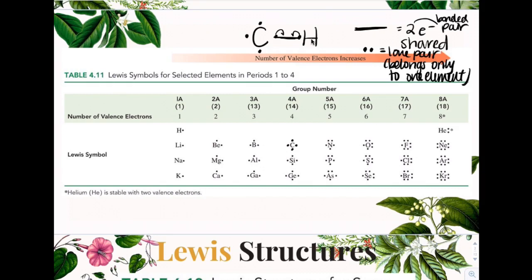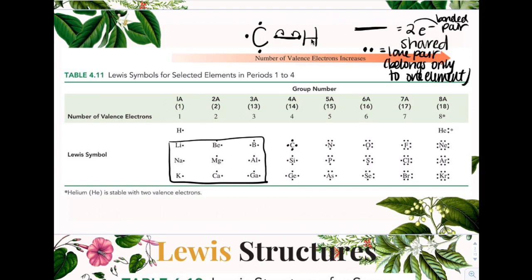Typical bonding patterns and lone pair patterns go across the periodic table, and the valence electrons will determine that. Now I want to leave my metals alone, because metals are not going to get involved in covalent bonding for the most part.